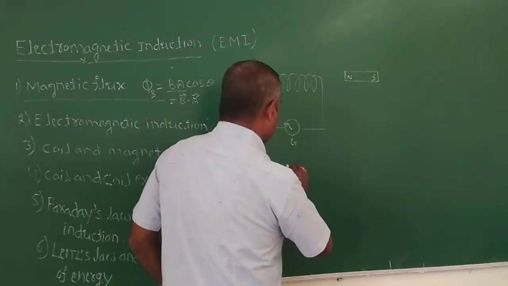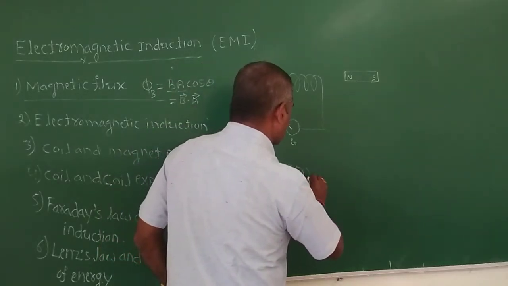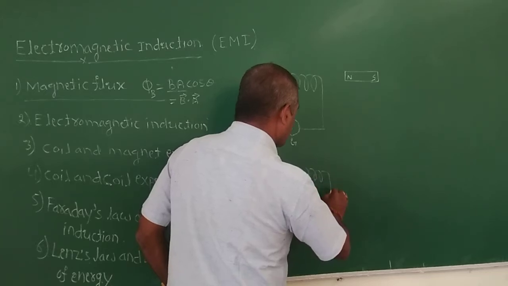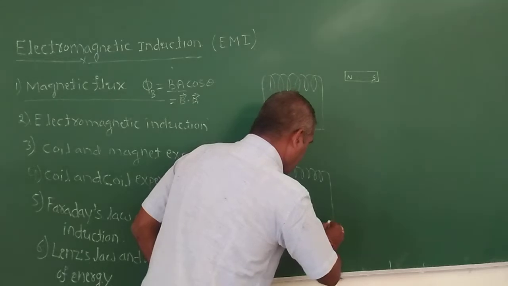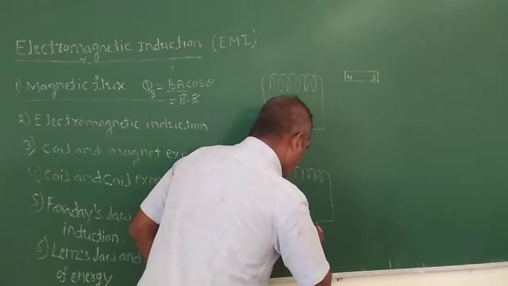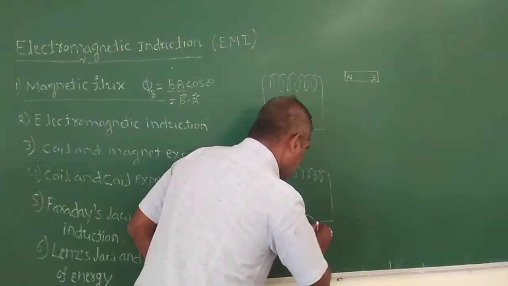Then see, this is the same coil. Across the same coil, the same galvanometer is connected.